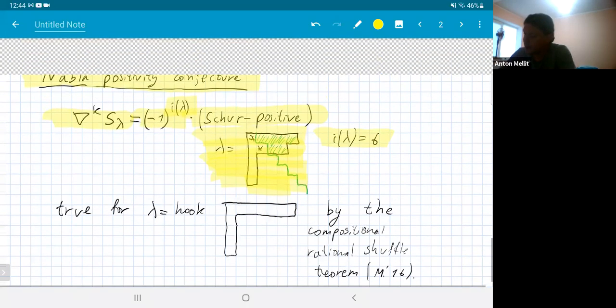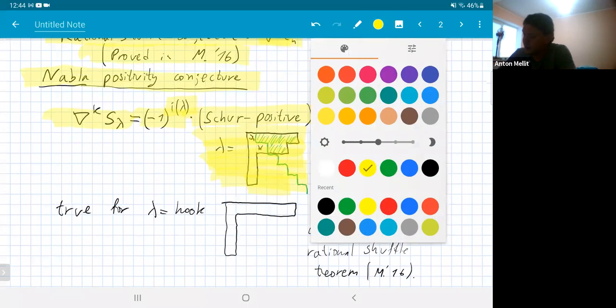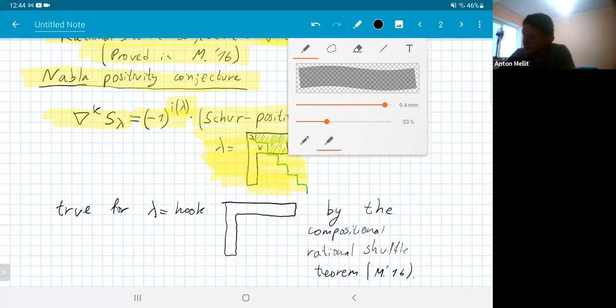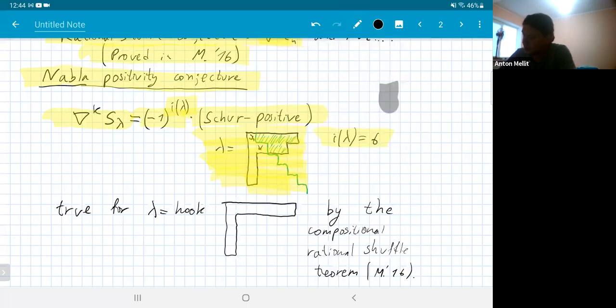If you remember the example, for H2 you have this picture which has 1 box over the diagonal, so the sign is minus. And for E2 the diagram is like this, so there are no boxes over the diagonal, so the sign is plus.